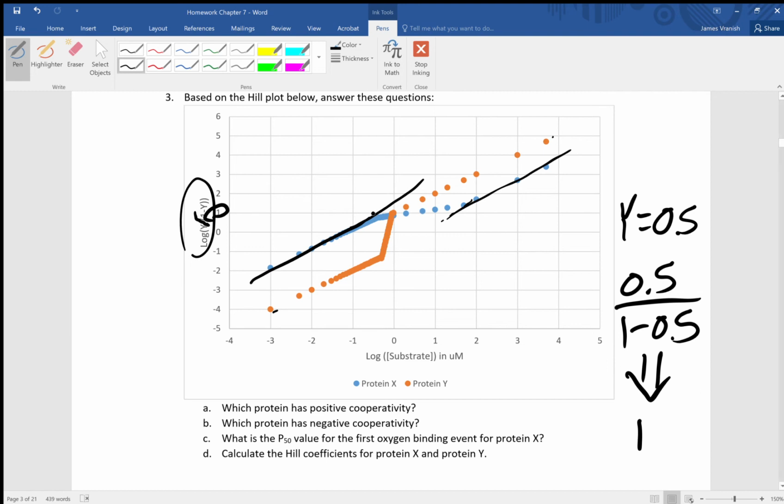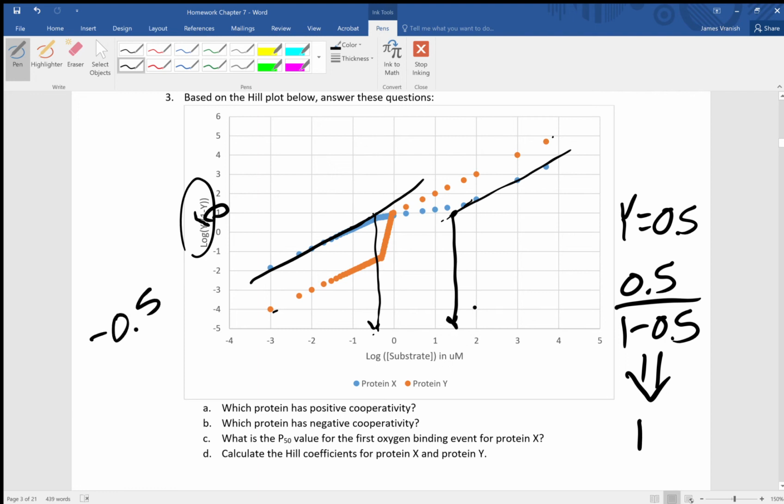And what is the substrate concentration at that point? If we draw a line straight down here, we're going to get a value there. If we do it from here, we get a value about there. Right about here, we have an x value of about negative 1/2.